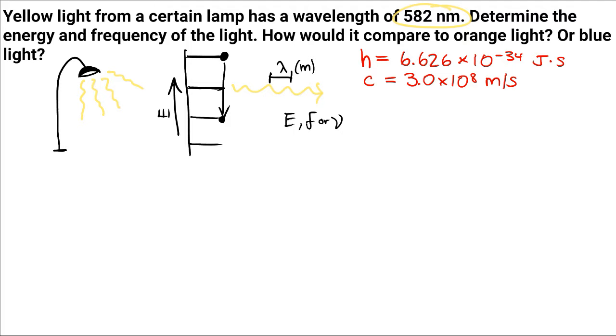And because visible light waves have really tiny wavelengths, nanometers are more useful to say, but we know that we need to work with it in meters because of this part right there. We know that the speed of light is in meters per second, not nanometers per second. That's the standard rate unit.